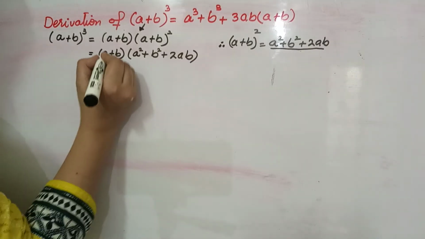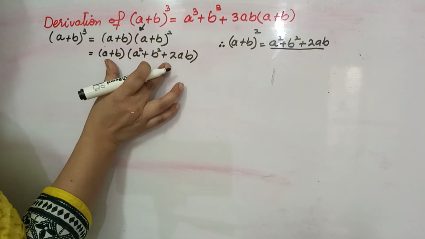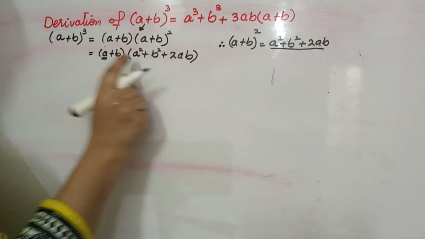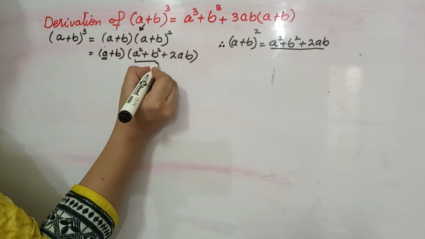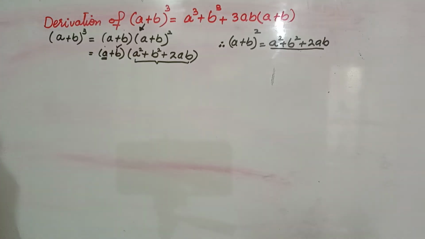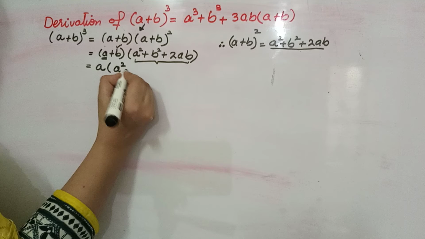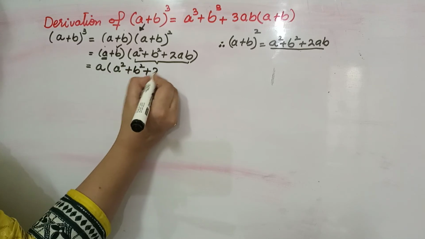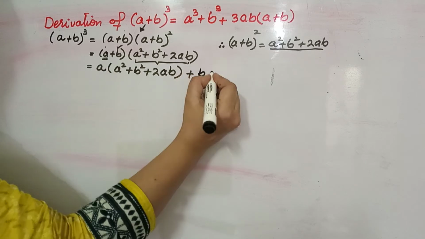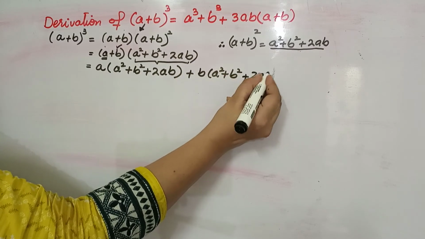By the distributive law, when two expressions are going to be multiplied, the first term will be multiplied with the whole expression, and afterwards the second term b will be multiplied by the whole expression. I am writing a into (a^2 + b^2 + 2ab) plus now b into (a^2 + b^2 + 2ab).